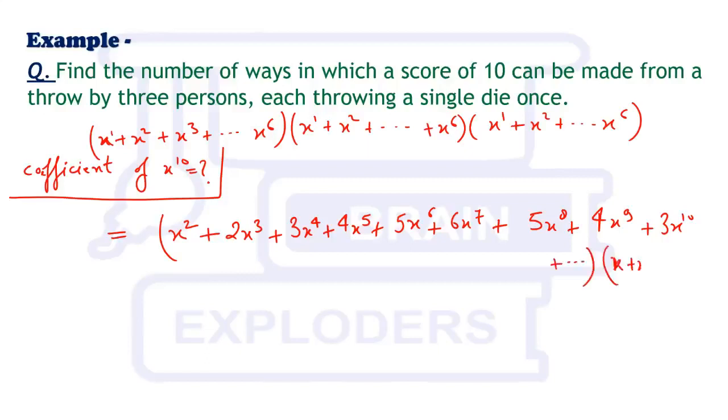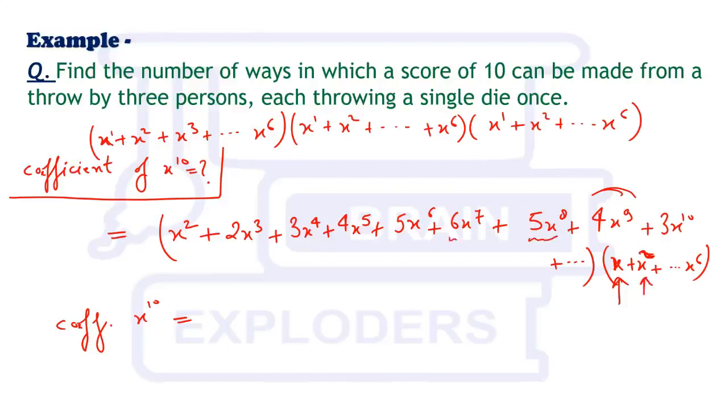Then this is multiplied by x plus x square and so on. So here the coefficient of x raised to the power 10 is equal to: when we multiply x raised to the power 9 with this x, we get 4. When we multiply this 5 with x square, we get 5.